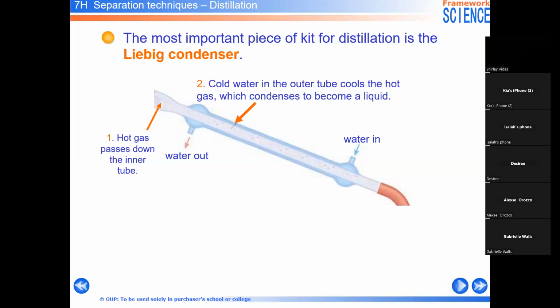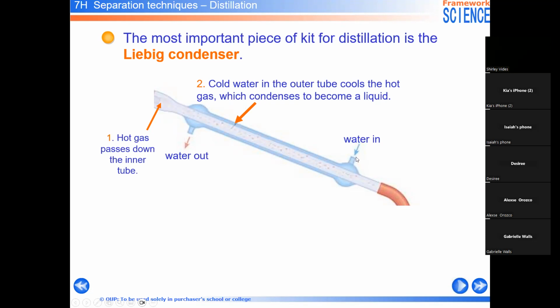Now, if you think about it, the hot gas, as the liquid that we want to separate evaporates, is coming into the top of the thing. So if we put the water out here, then the condensing would take a lot longer, or it may not even happen.